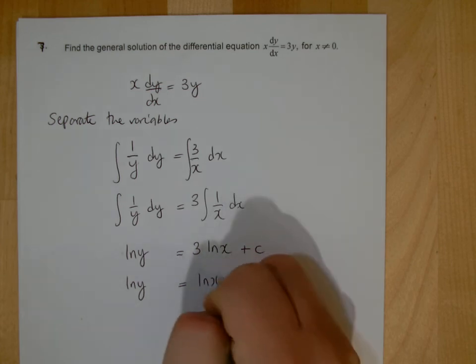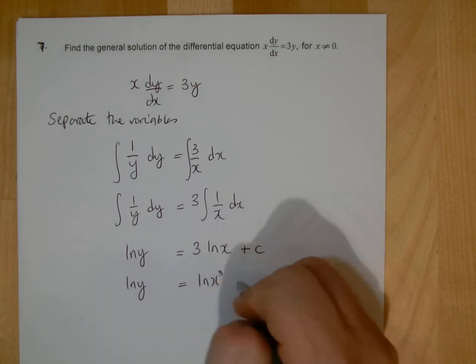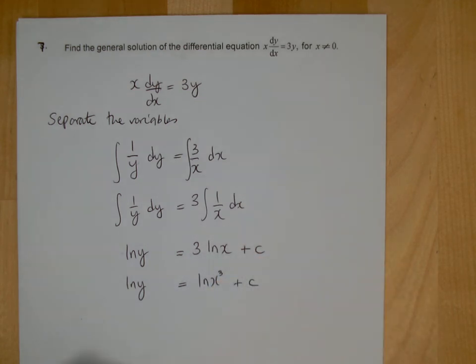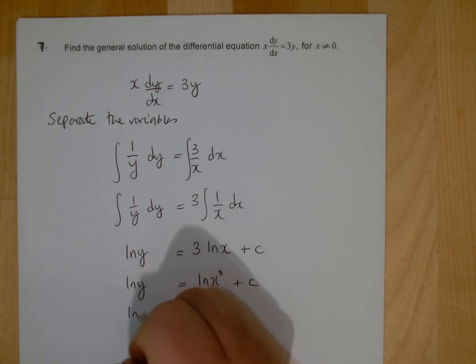So ln x cubed, plus c. The other thing I'm going to do then is, because this is a logarithm and this is a logarithm, I'm actually going to call this a logarithm as well, and I'm allowed to do that because it's a constant.